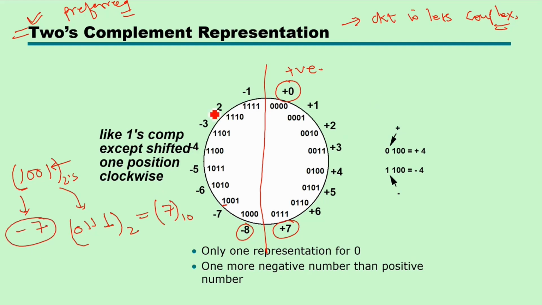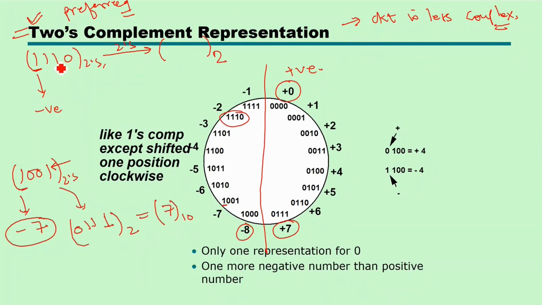Similarly, consider another example like this one. So it is 1110. So this indicates a negative number, but its magnitude will be given by, because it is 2's complement, again we need to take the 2's complement. Once we take the 2's complement, the result will be in binary. So from the right side, we need to wait for 1. So 1 comes here.